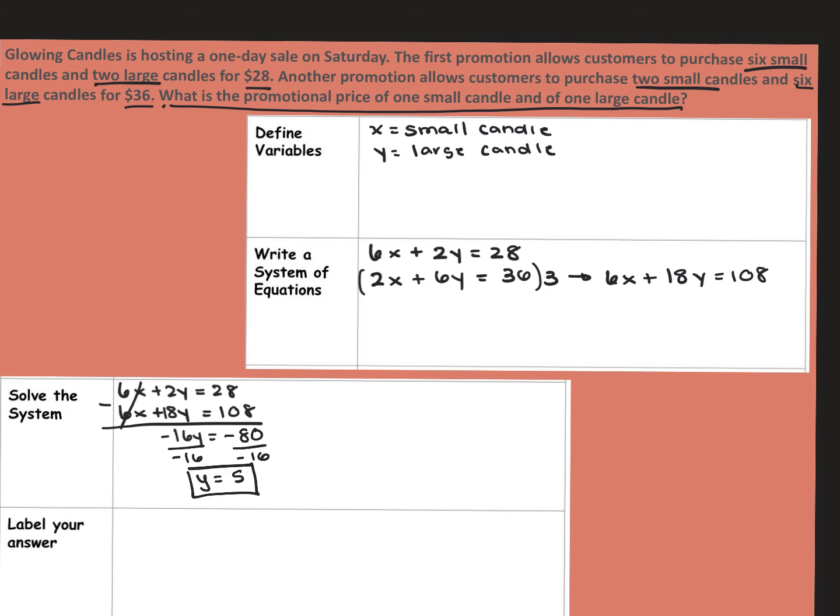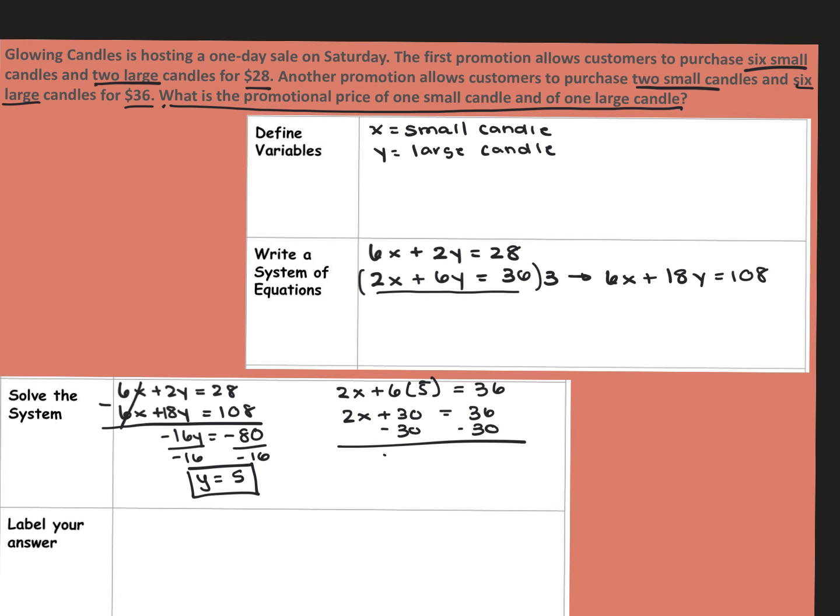All right, so remember from our previous lesson, we have to go back to the original equation. So you can use either one. You just can't use the equation where you multiply so that you could cancel out. All right, so I'm going to use 2x plus 6 times 5 is equal to 36. 2x plus 30 is equal to 36.